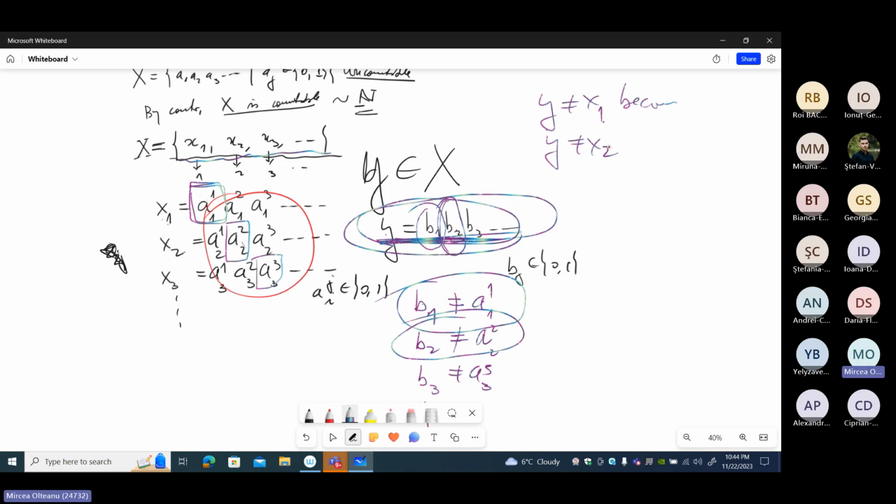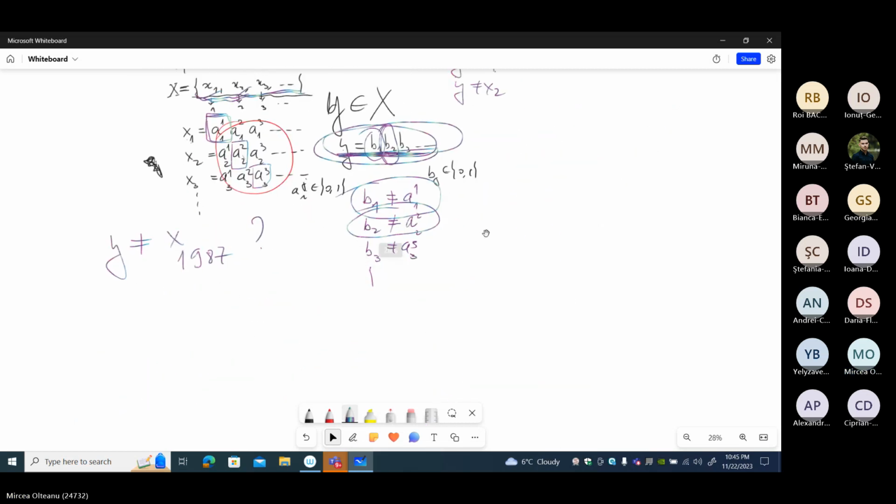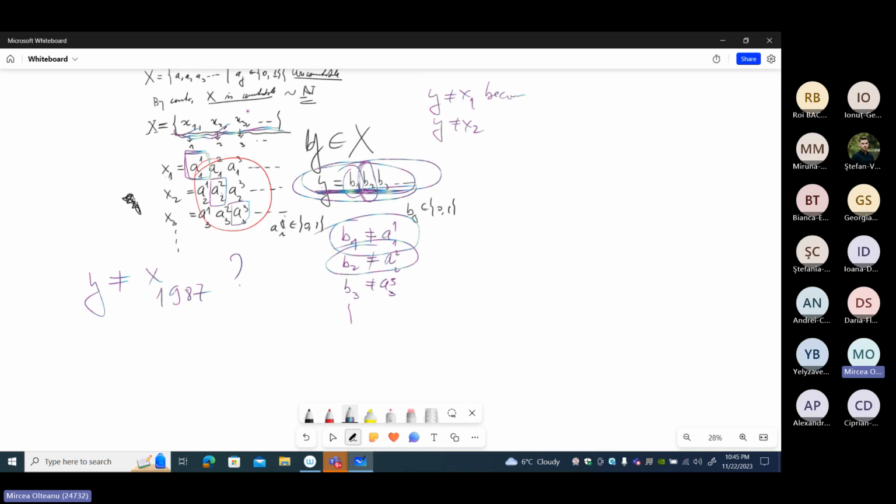So Y cannot be one of the elements written here because it cannot be X1, it cannot be X2, and so on. For example, Y cannot be, let's say, X1987. Why? If somebody tells you, look, your argument is wrong, the 1987th element from this sequence will be equal to your Y, so you did nothing.